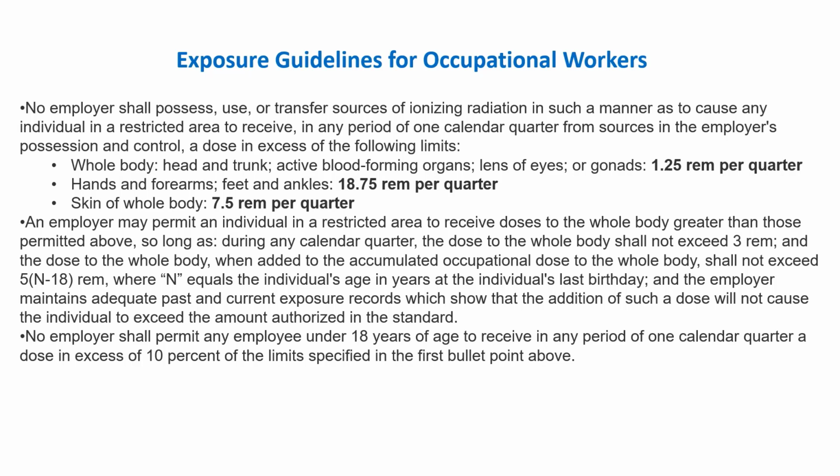No employer shall permit any employee under 18 years of age to receive in any period of 1 calendar quarter a dose in excess of 10% of the limits specified in the bullet points above.